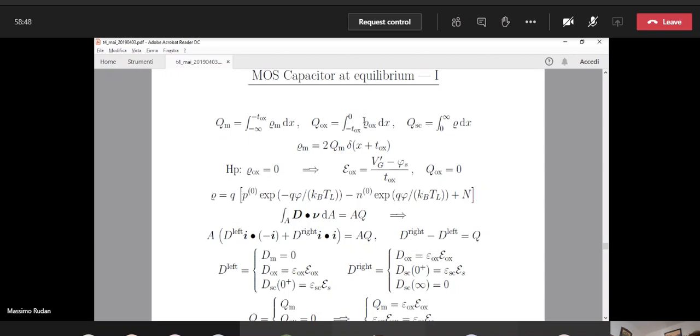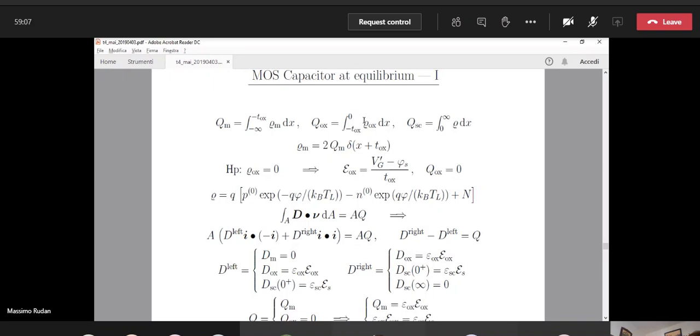Next, we take the charge density in the oxide equal to 0, okay? You remember we already made this assumption, and for this reason we concluded that the electric potential is linear in the insulator.